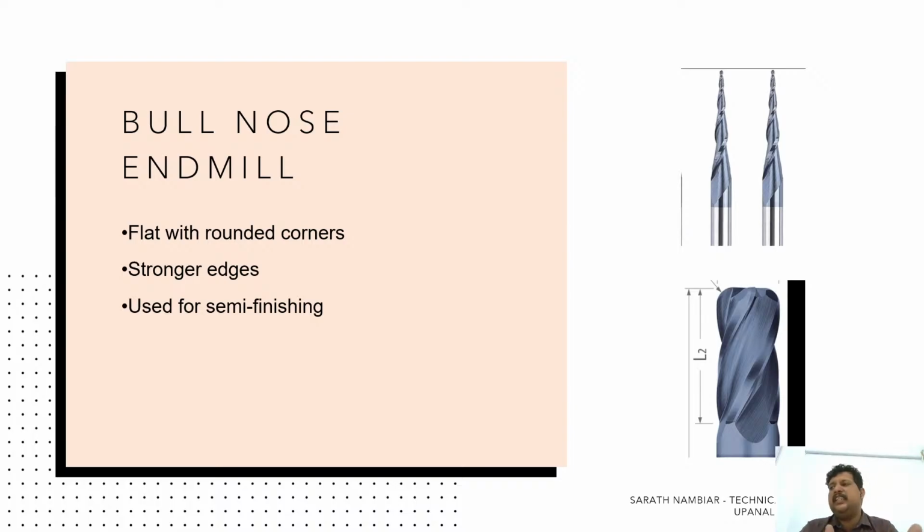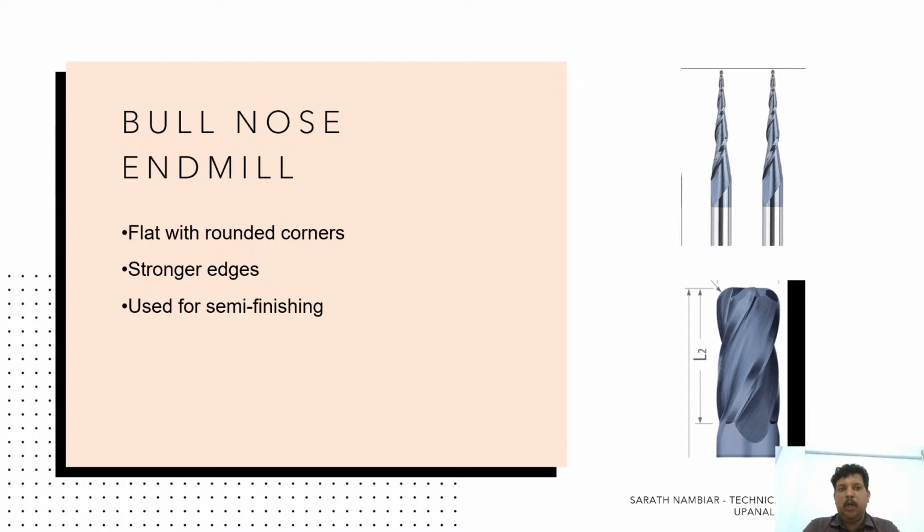we can even say it is like a combination tool. It's a bull nose end mill. It looks flat, but has a radius at its corners. Now, why do we use this? We use this because flat tools have sharp corners, I told you, and sharp corners are weak. They can chip off easily or break.